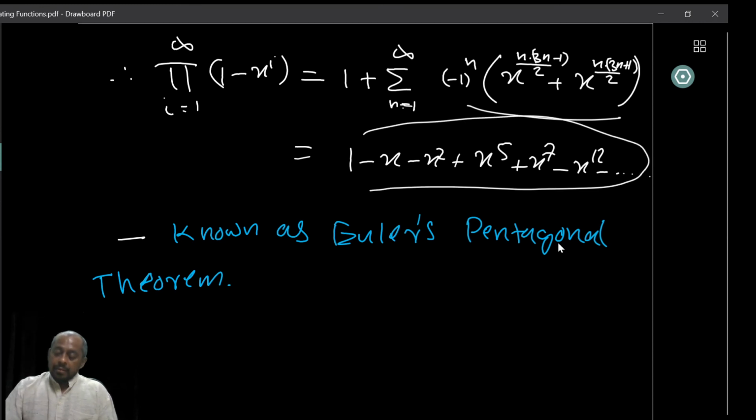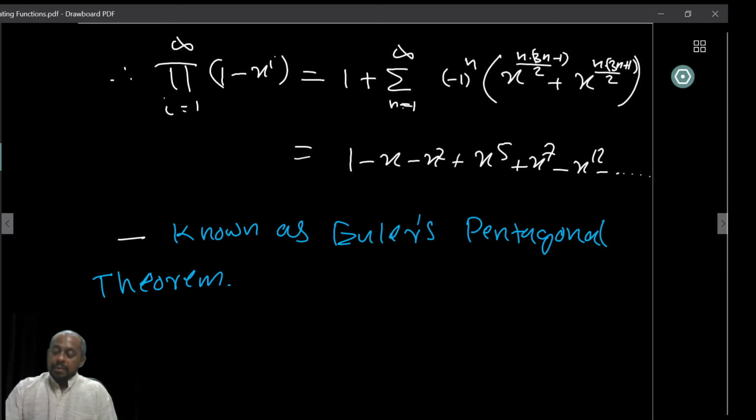This is known as Euler's pentagonal theorem, because these numbers are called pentagonal numbers. In fact, generalized pentagonal numbers. These are the pentagonal numbers, the first ones. Pentagonal numbers are defined like this, and then for n either positive integers or negative integers, when you consider negative integers you get correspondingly this one.